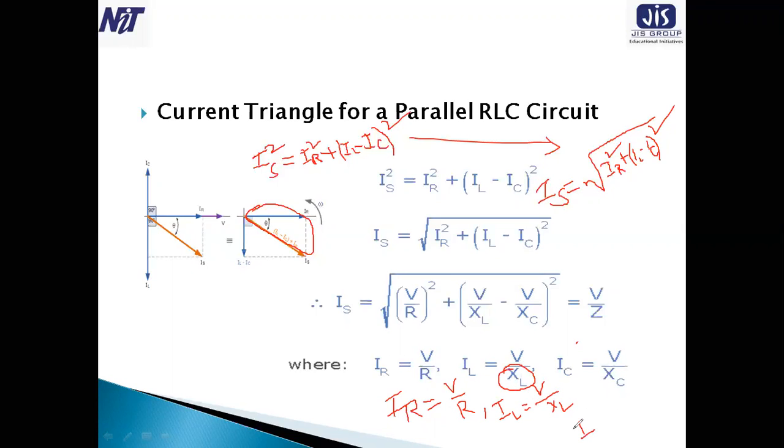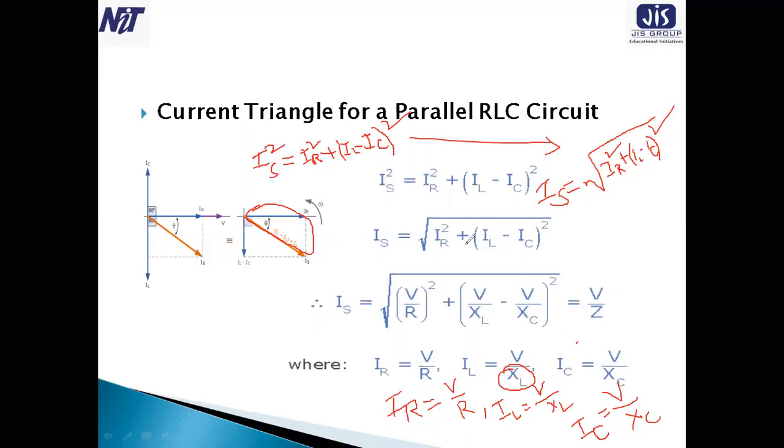Now for IC, this is V divided by capacitive reactance, that is XC, because the voltage across all the elements is the same V, because all are connected in parallel.